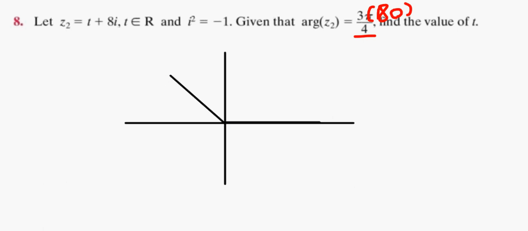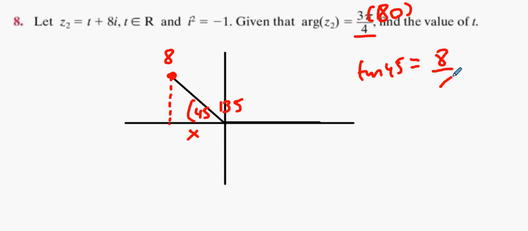Now, what do we know about the I value? We know it's plus 8, don't we? Now, if that's 135 and that's 45, what does it mean about this length here? We'll just call it x. Let's find out. Tan 45 equals 8 over x.